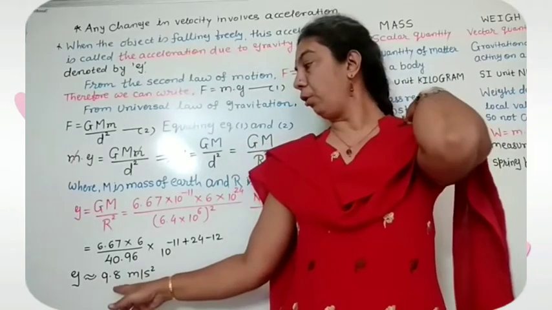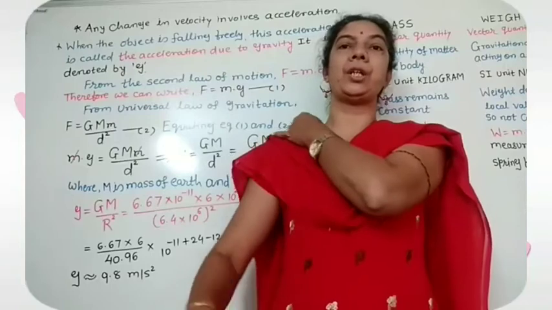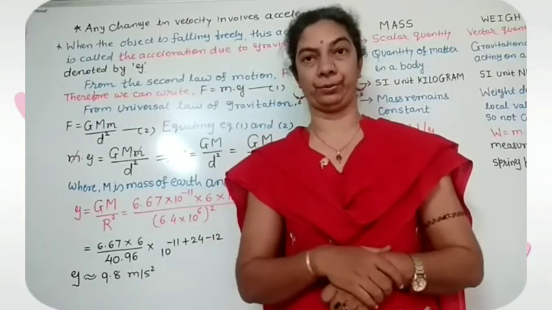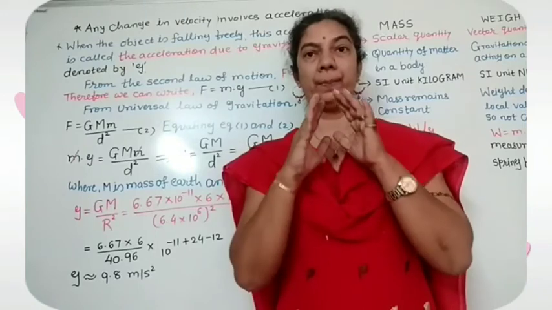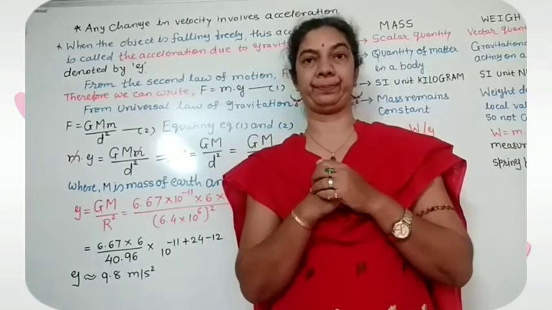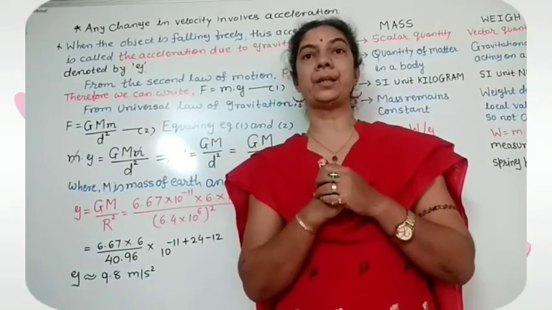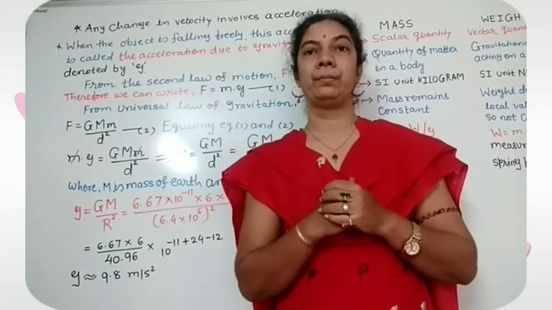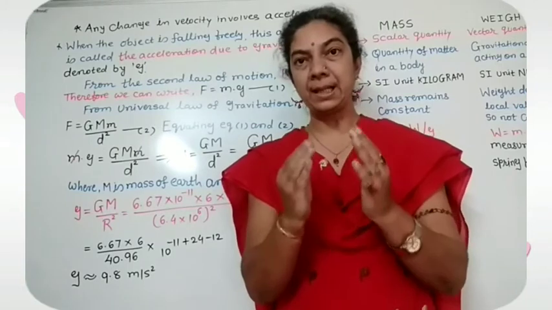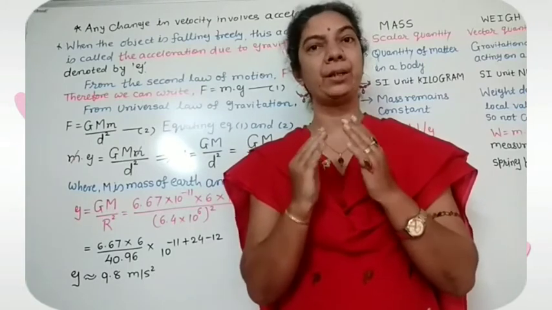This value of small g also changes on Earth, because we know that Earth is not a perfect sphere. The radius at the equator and at the pole has a slight variation.